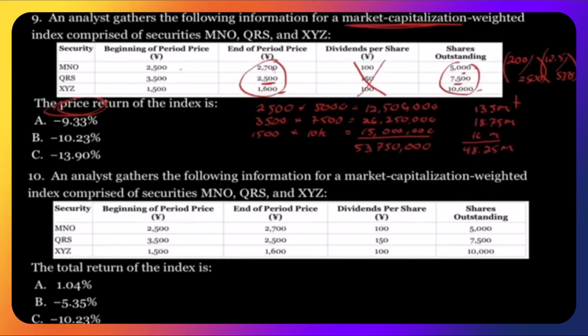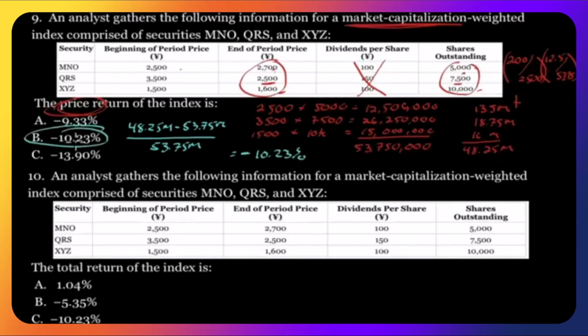So all I have to do now is take my ending value, 48.25 million, minus my beginning value, 53.75 million, over 53.75 million. And I will get negative 10.23%, because that's a negative in my numerator.